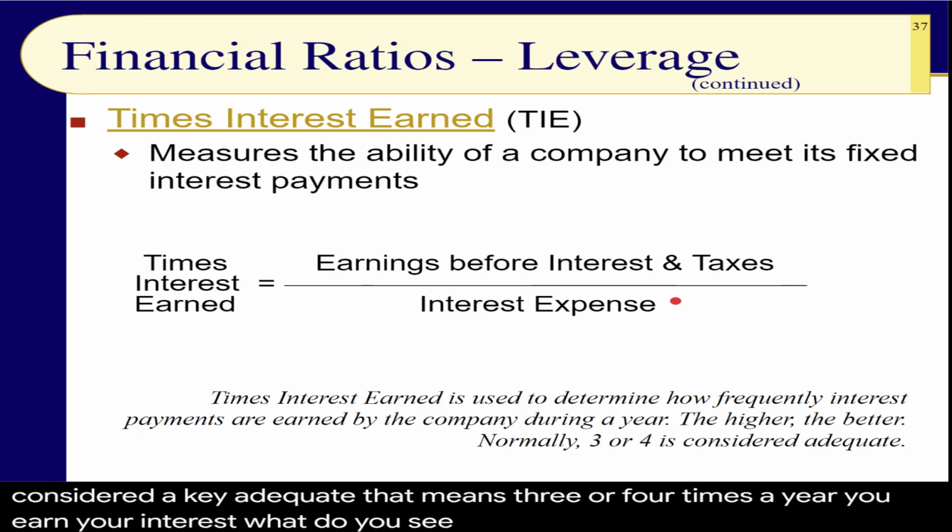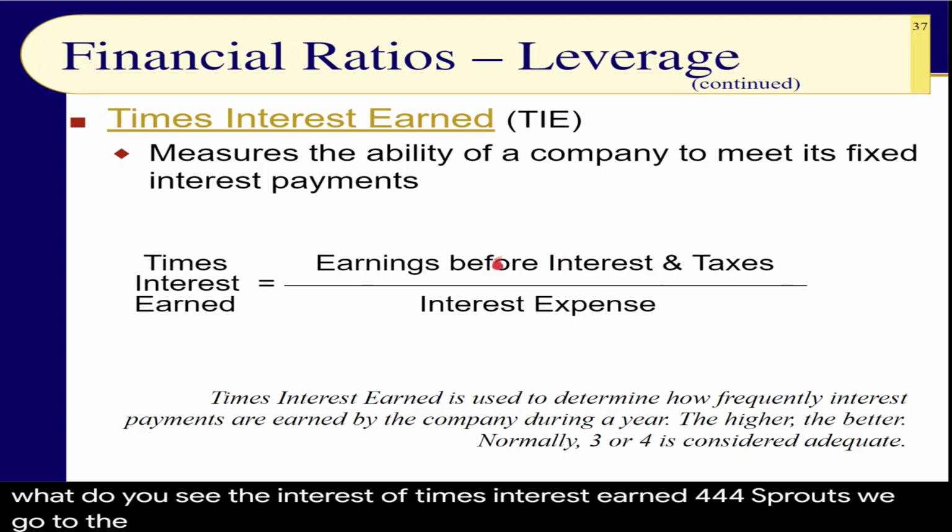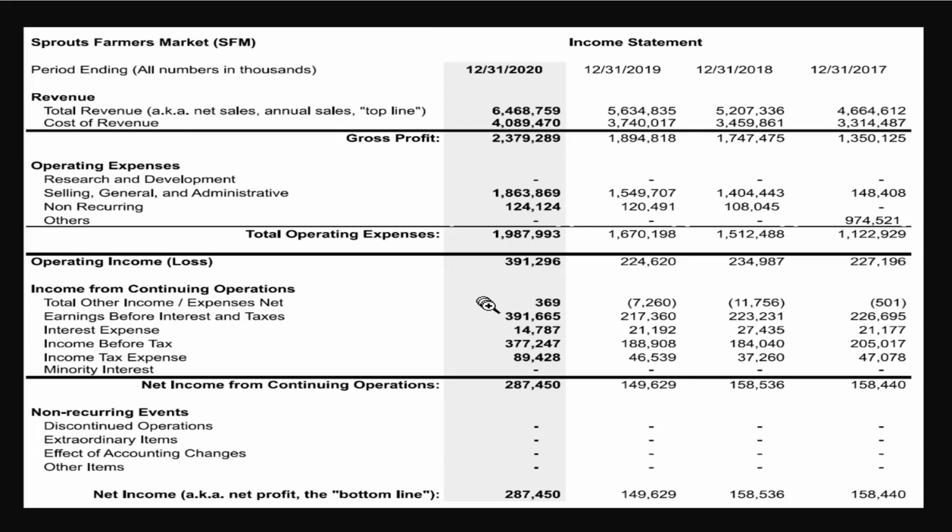Because interest rates are so low, where do you see the times interest earned for Sprouts? We go to the income statement and we find their earnings before interest and taxes are $391,665, so $391 million, $665,000.